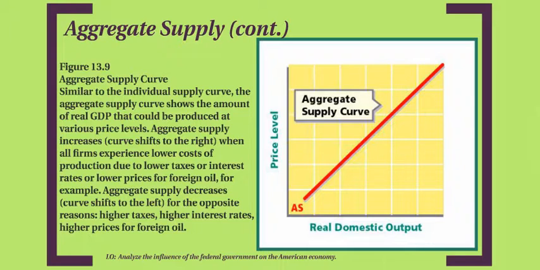Aggregate supply increases as the curve shifts to the right when all firms experience lower cost of production due to lower taxes or interest rates or lower prices for foreign oil, for example. The aggregate supply curve decreases or shifts to the left for the opposite reasons: higher taxes, higher interest rates, higher prices for foreign oil.